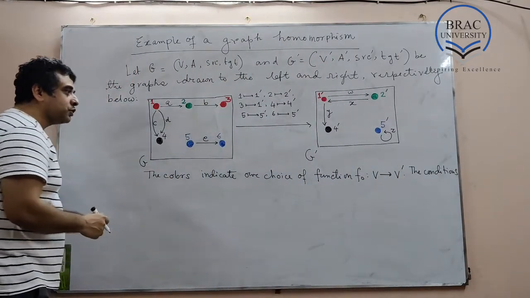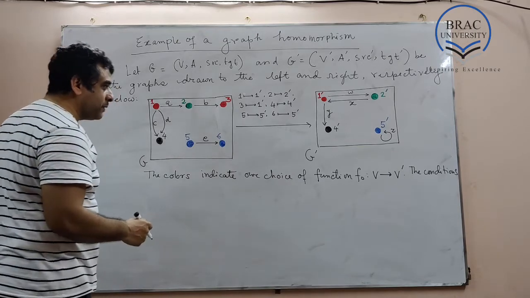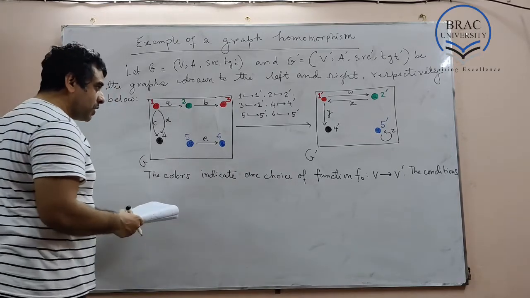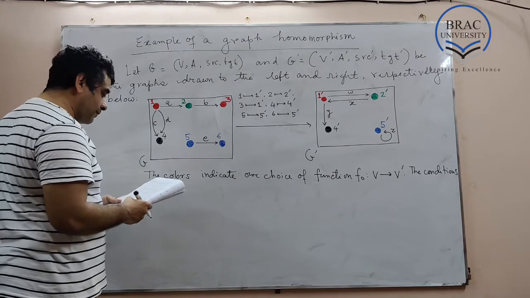You remember the two commutative diagrams we had before, those were the conditions for the mapping to be a graph homomorphism.